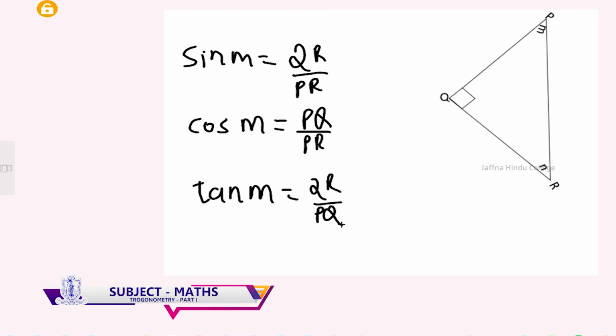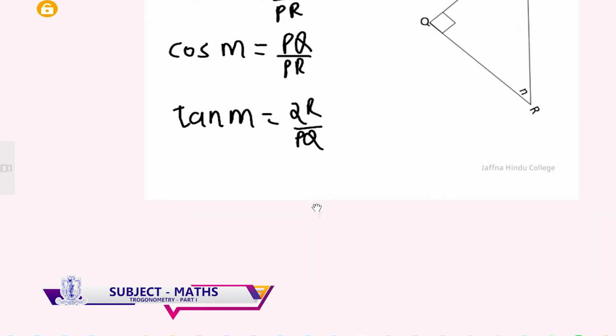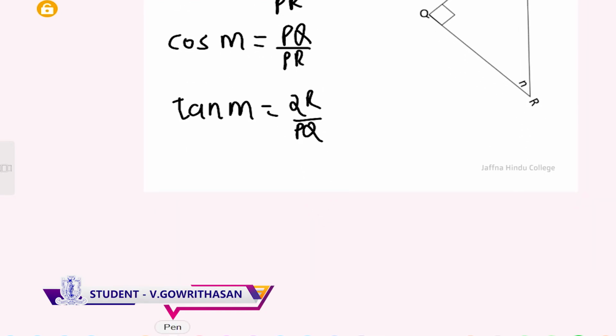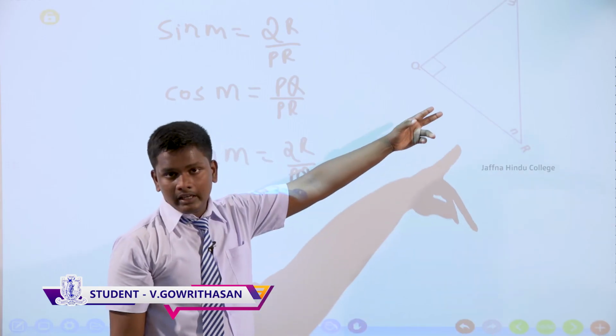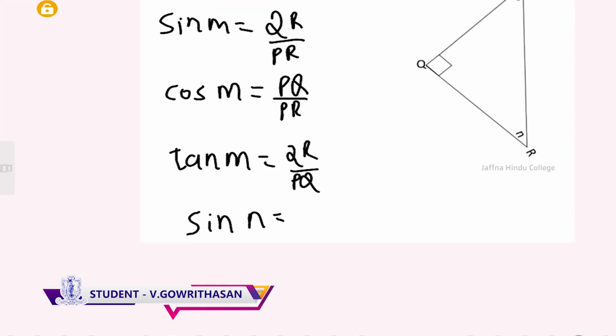So now write the functions for the angle N. Sin N, sine means opposite side by hypotenuse: opposite side PQ and the hypotenuse PR.